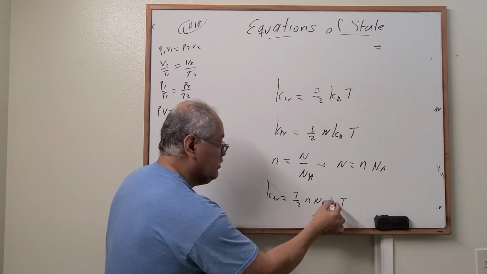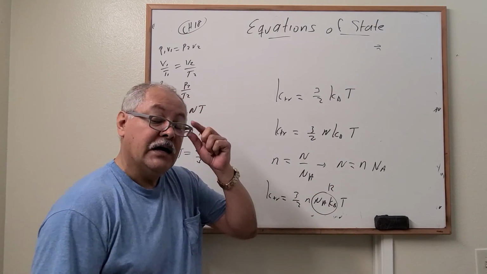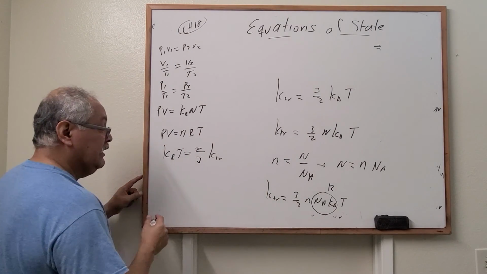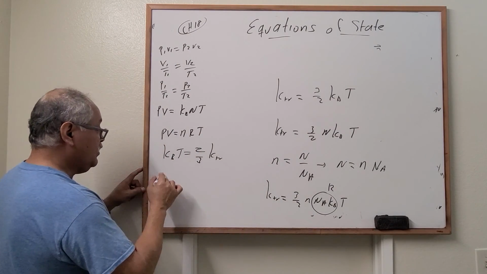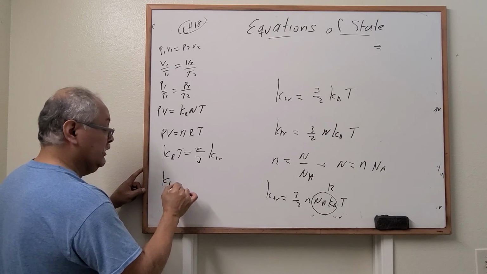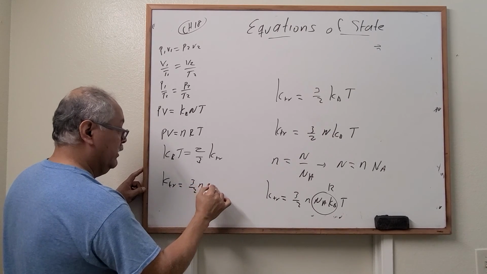But what is this? One more time, this is R, the universal gas constant. And then at the end we have that the translational energy is equal to 3/2 nRT.